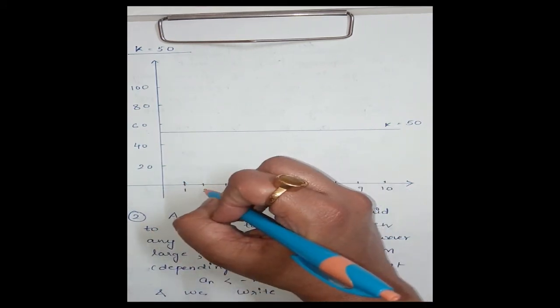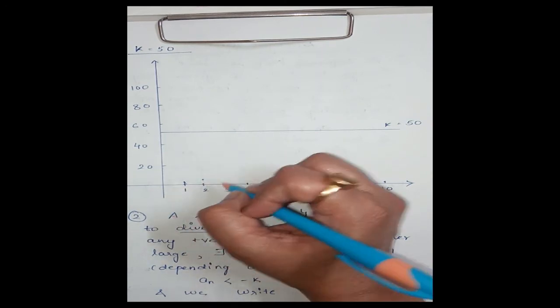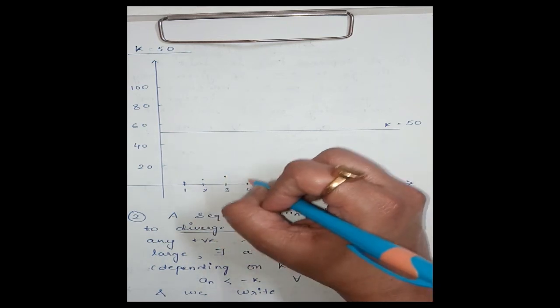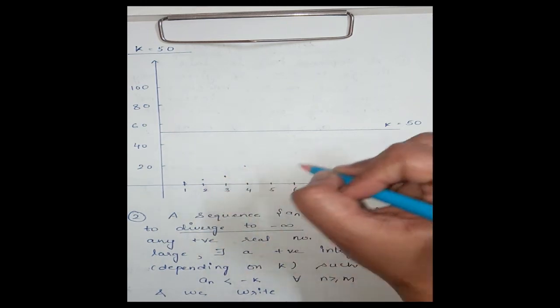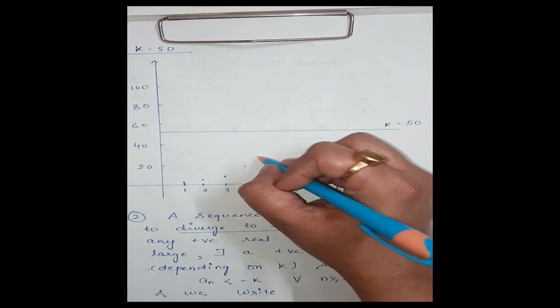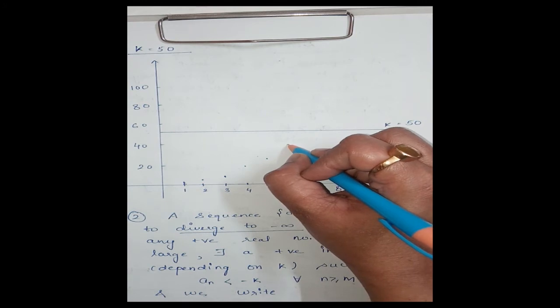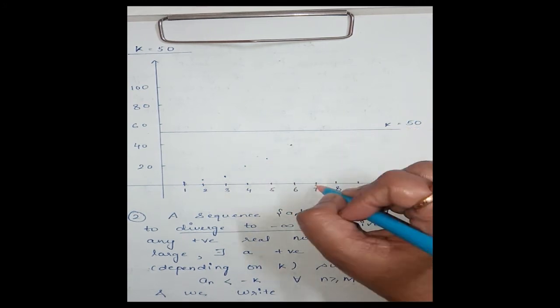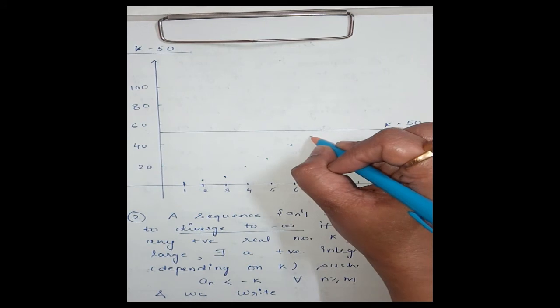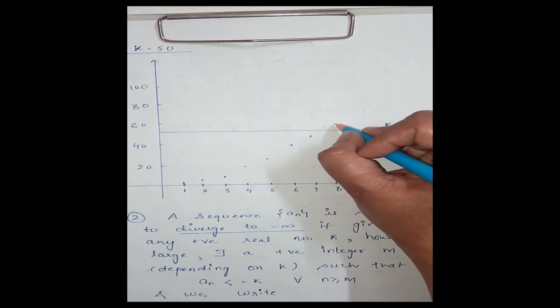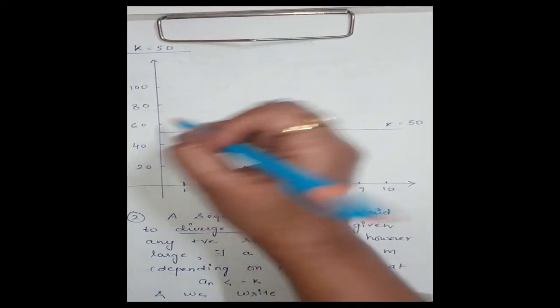When n is 2, we have 4, then 3, 9, then 4, 16, then 5, 25, then when 6, it is 36, 6 square, when 7, it is 49, then when 8, it is 64, 8 square, that is 64.